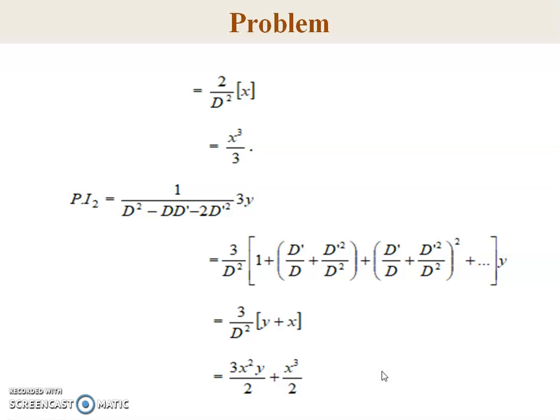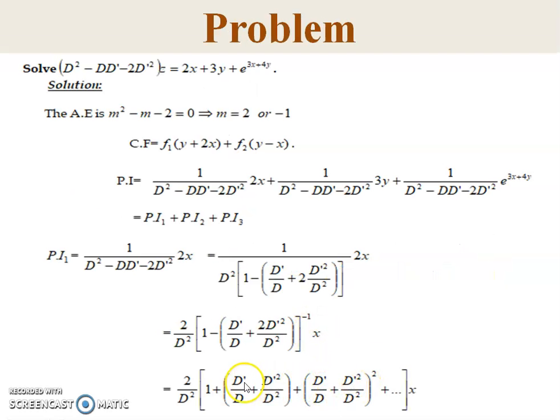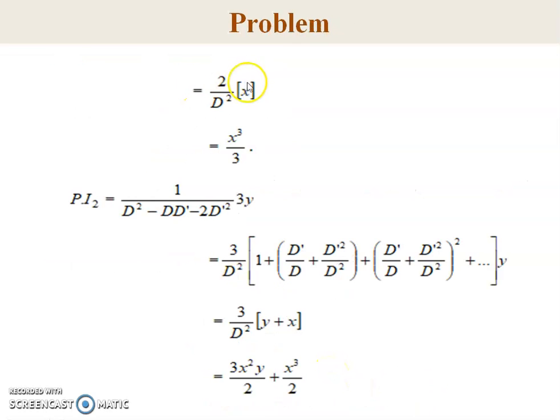Now see, the operator here is D′, which represents differentiation with respect to y. But the function here is an x term. If we differentiate this with respect to y, it becomes 0, so all those terms become 0 and only 1 is left. Therefore 1 into x becomes x.